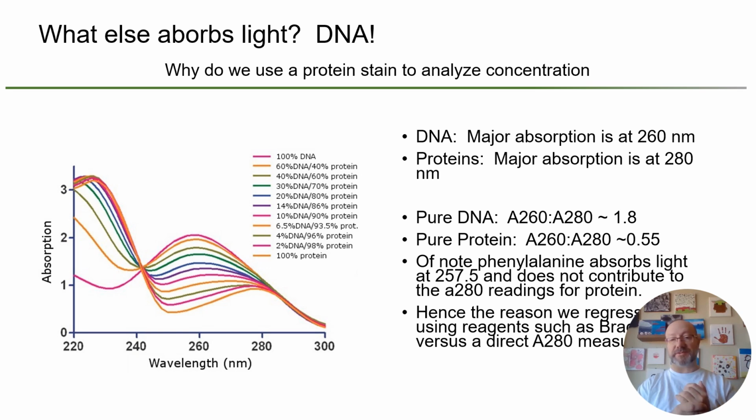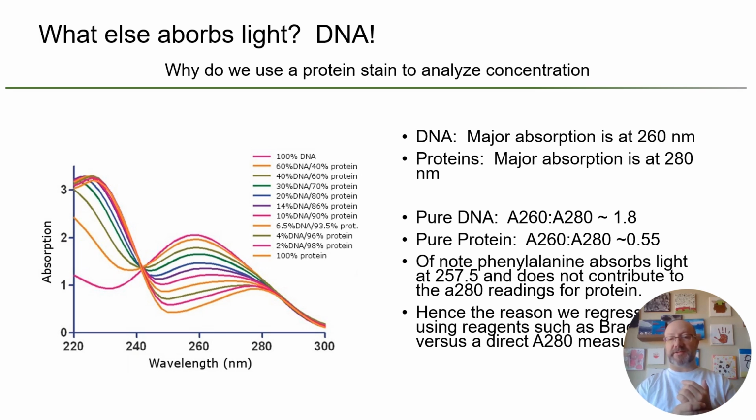I'm sure that you guys have been schooled on that in previous classes. For pure protein, the ratio of 260 to 280 is around 0.55, which means that we've got zero DNA. So if we measure a 260 to 280 ratio on the spectrophotometer, or when we're looking at just A280, it's typically not to measure protein concentration, it's to measure the purity of it.